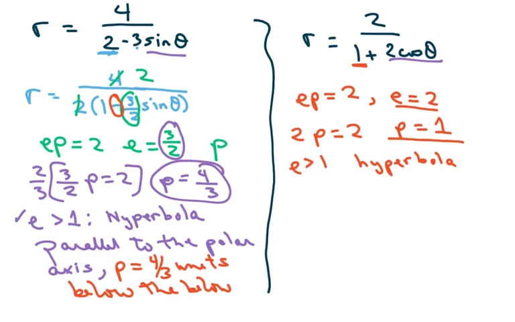Since it's cosine, we're going to say the directrix is perpendicular to the polar axis.